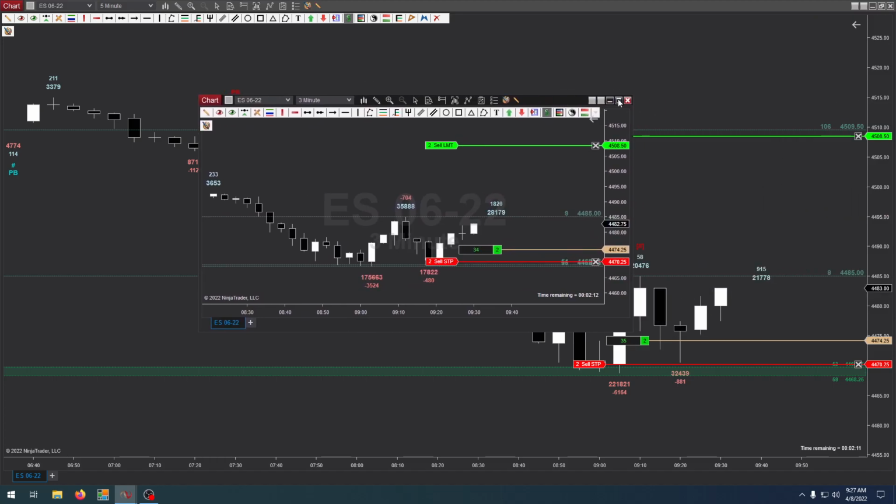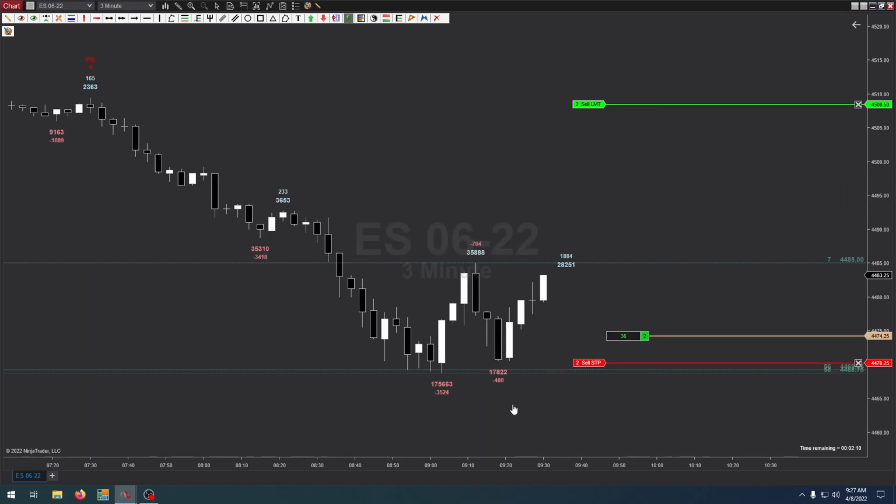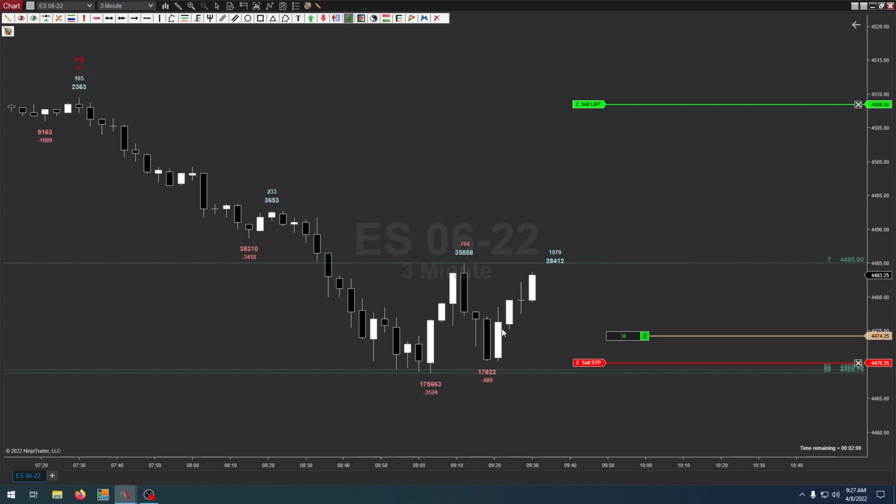And here's the 3-minute, which I'm bringing back over because I'm showing we're getting higher highs. Candles are getting higher highs here, but this one closed pretty close to the high of this one. So we're getting higher closes so far, and that's what we need. So we do need to get above here.